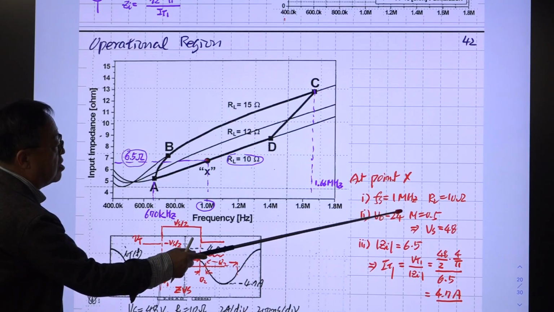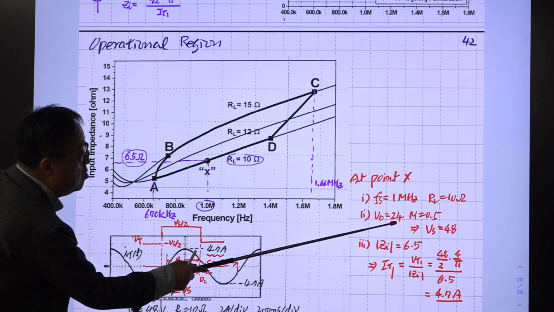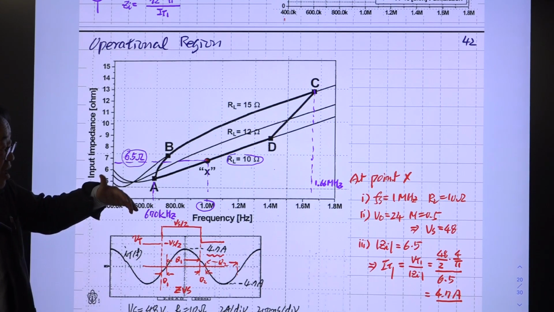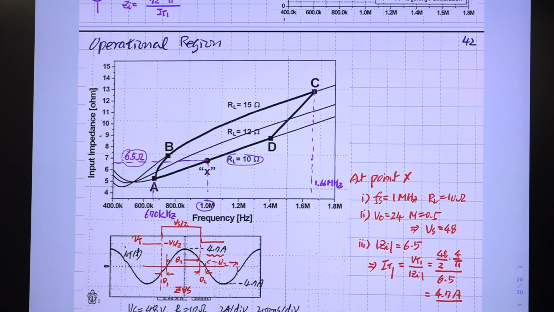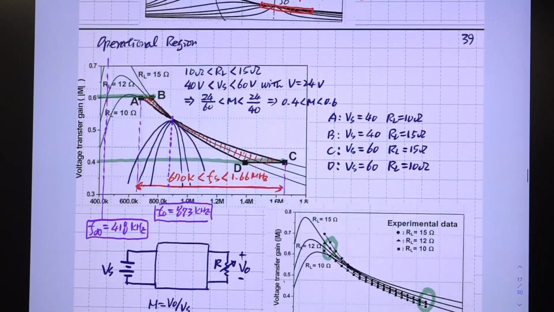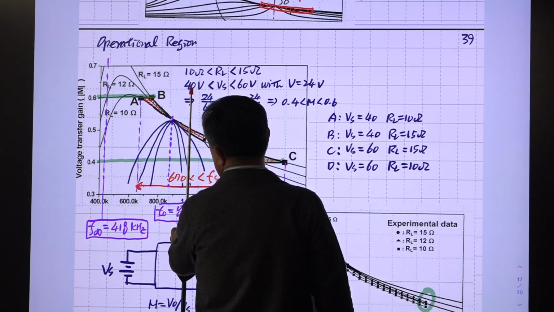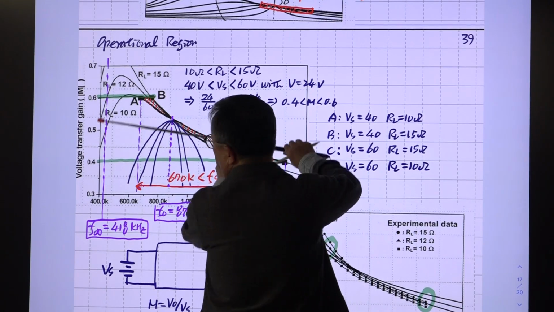Then the output voltage was 24 volt, and the voltage gain is 0.5. That information is shown in this curve. This curve, okay. So at 1 megahertz switching frequency, the voltage gain is about 0.5.